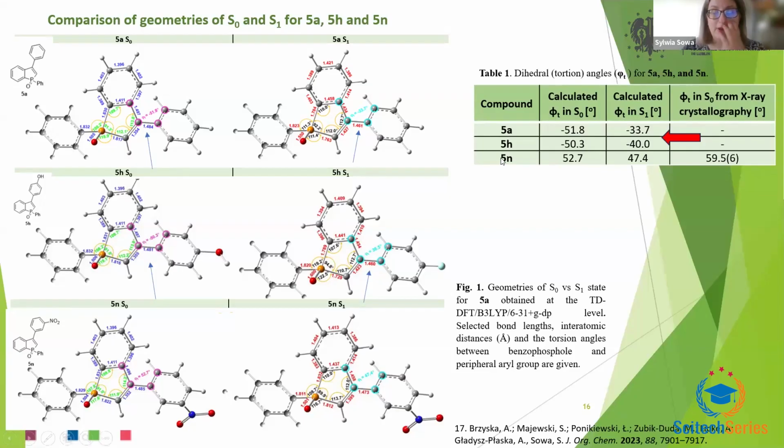In case of 5N, this ring has a different orientation, and the torsion angle is around 33 degrees and decreases slightly in the excited state.